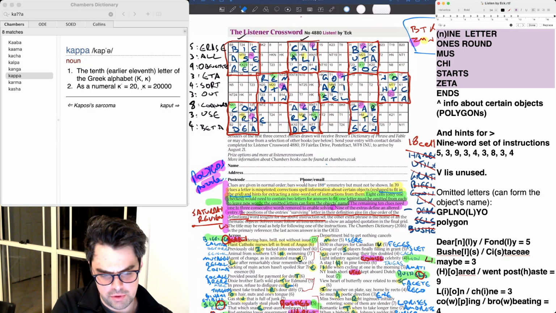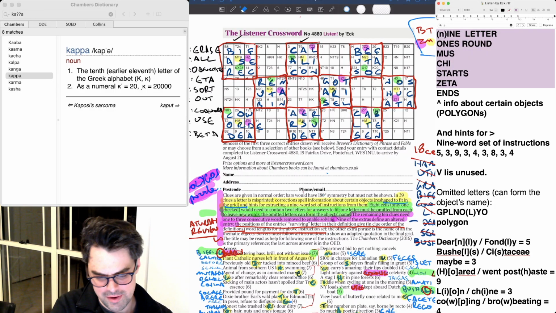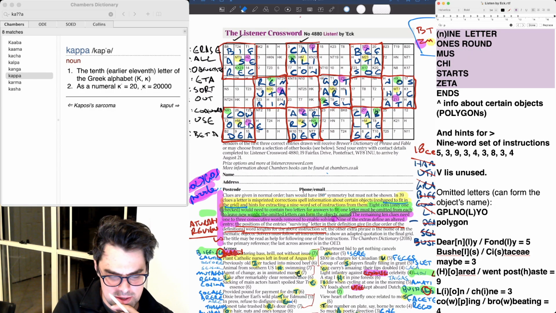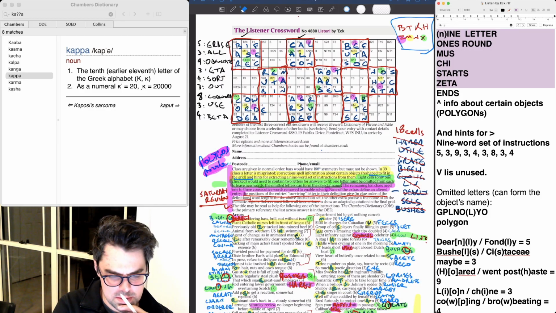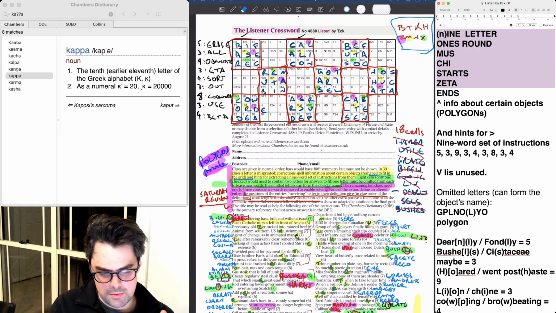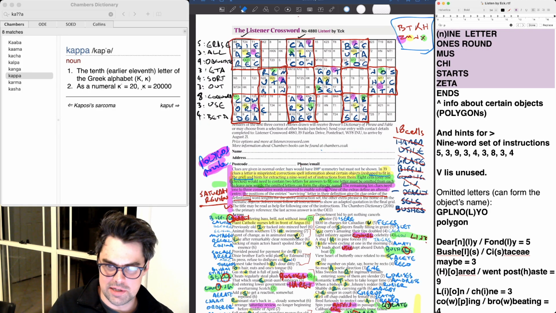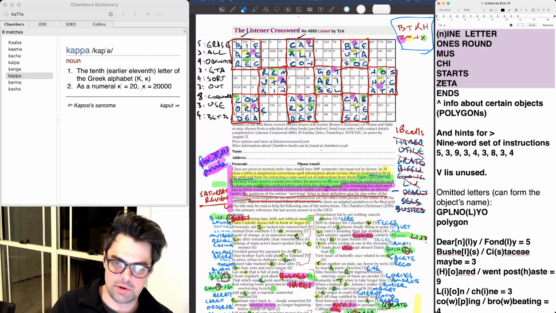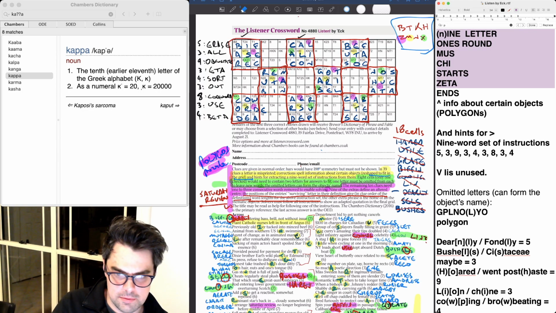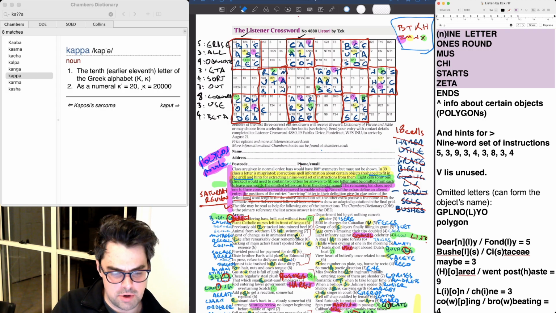So when we look closer at the grid, we find that we've in fact got 9 different polygon games, and we knew that we needed to use these to derive a 9-word set of instructions, and we knew how many letters were in each word of that set. Then one's able to look at each of the polygons and extract a 5-letter word, a 3-letter word, a 9-letter word, a 3-letter word, and so forth.